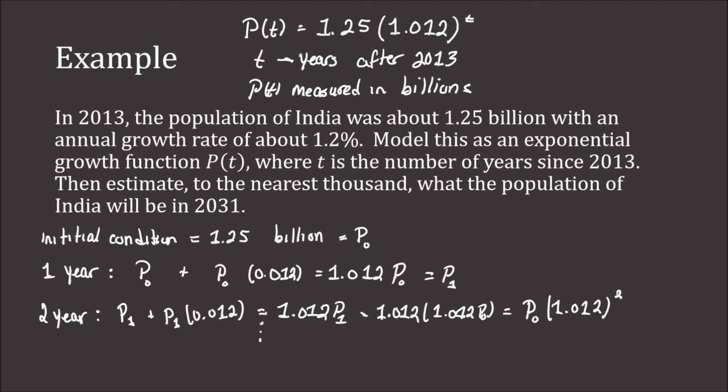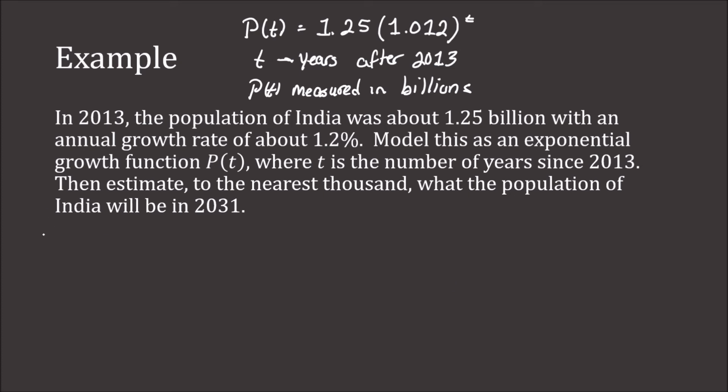So I'm going to get rid of all this work down here. So in the year 2031, our t is going to be 2031 minus 2013, which is 18 years. So we want P of 18.